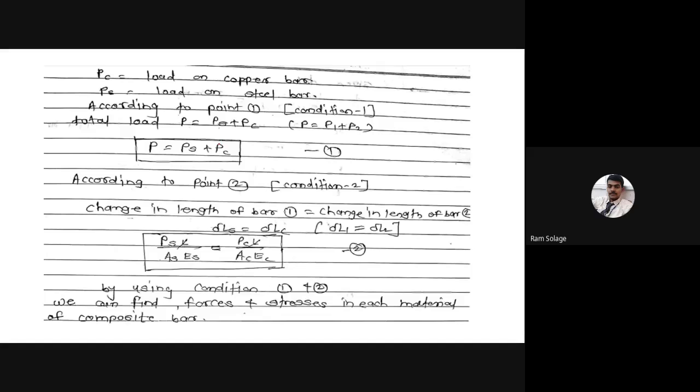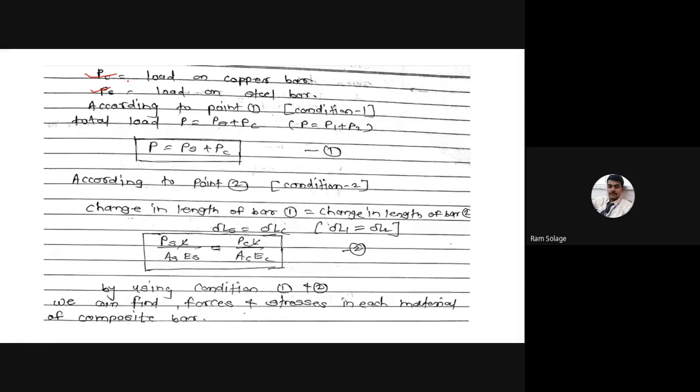Also write down PS is equal to load. PS, it is a load on steel bar, and PC on copper bar. Suppose in a problem they change the materials. Sometimes they take aluminum, cast iron.